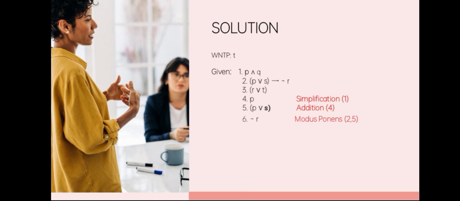And then for 6, negation R, which what we used is modus ponens 2 and 5. So for number 7, we use disjunctive syllogism for 3 and 6 to derive T. And that's how we prove the T from the argument.